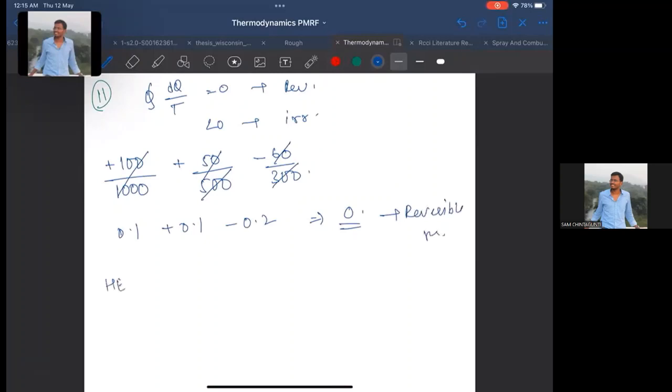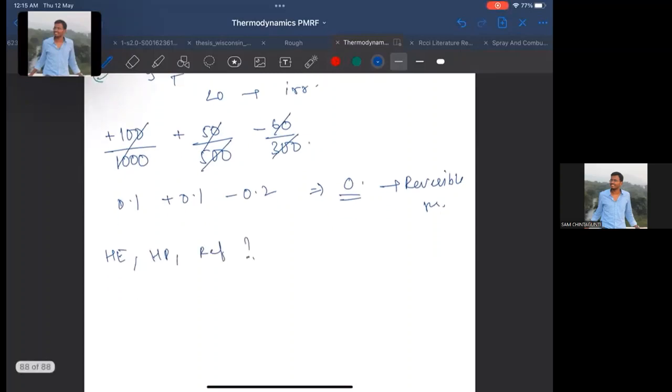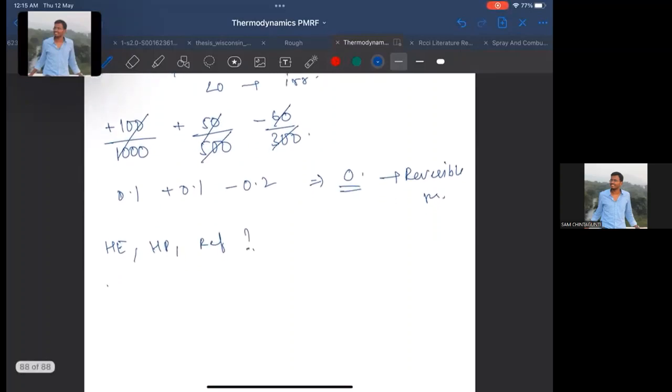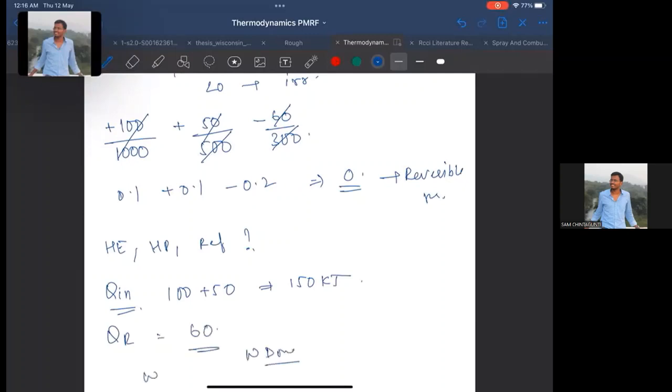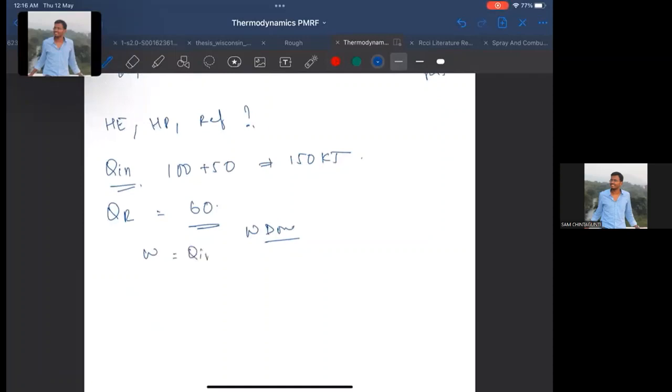Now what, heat engine or heat pump or refrigerator, what is it? So let's see what is the amount of Q in. It is taking in 100 plus 50, so 150 kilojoules total heat is input into the system, and how much is rejected? Rejected is 60. So basically work is done, because work is equal to Q in minus Q rejected, and this is positive here, which is equal to 150 minus 60.